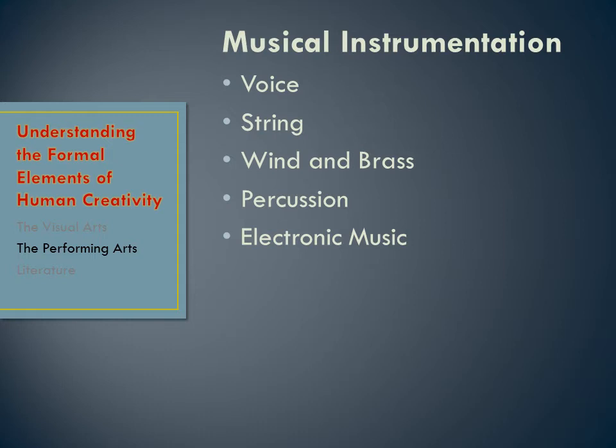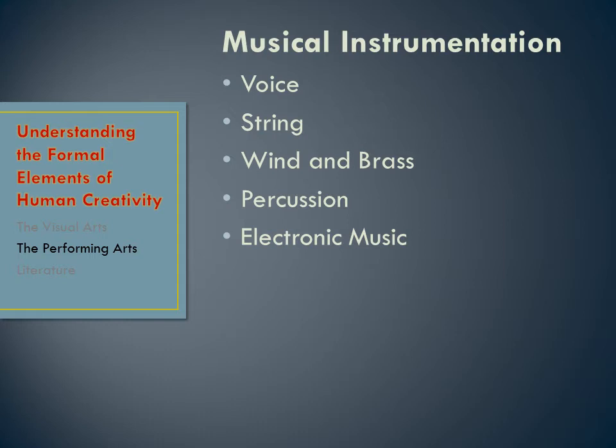Percussion instruments, the most common, obvious percussion instruments are things like drums, cymbals, but guitars can also be thought of as a percussion instrument because you are plucking the string. What's actually happening is you're striking or pulling the string, and that's producing the vibration.